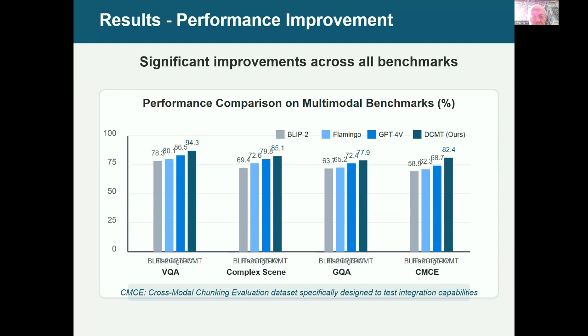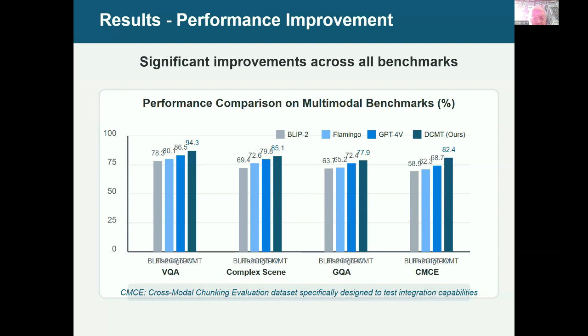On visual question answering, we achieved a 7.8% improvement. In image description, we saw a 5.3% improvement.